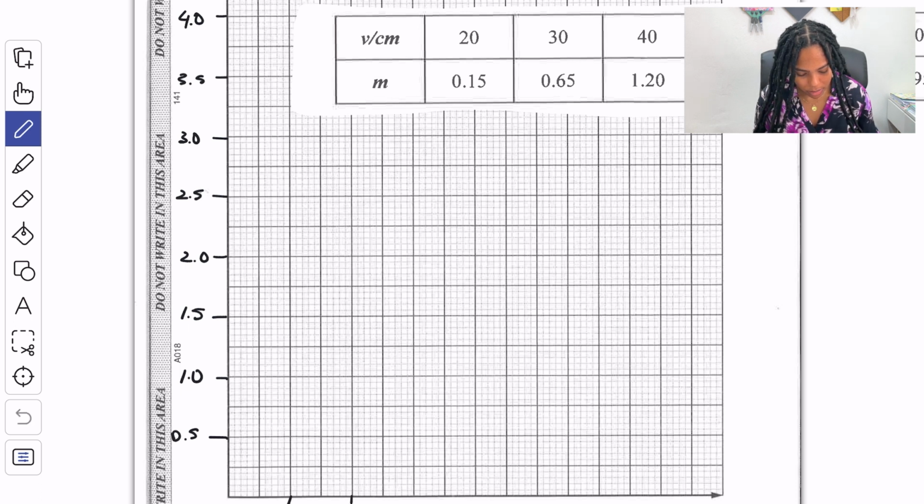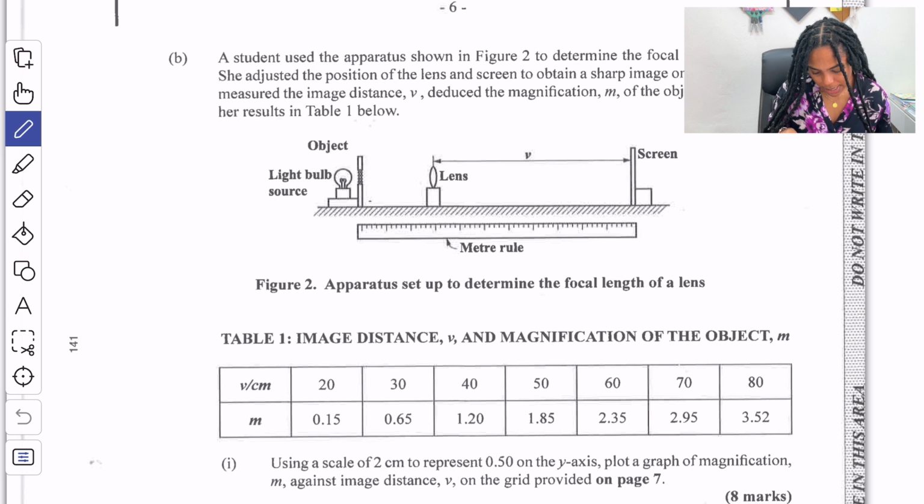So 10, 20, 30, 40, 50, 60, 70, 80. And this is my image distance from the lens measured in centimeters. Let me go back to make sure I didn't miss anything important. No, I didn't, so we're good to go.